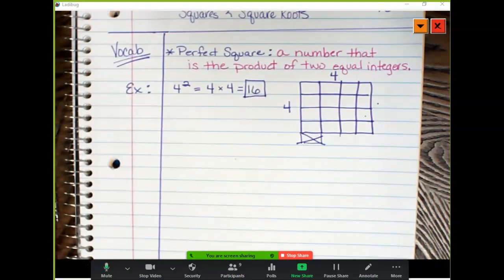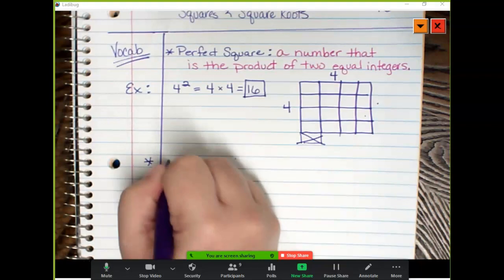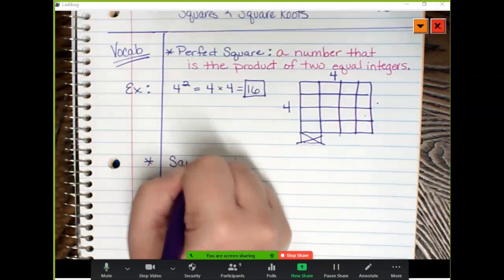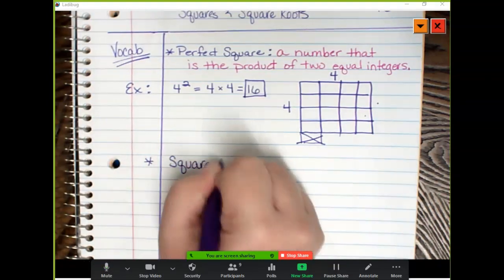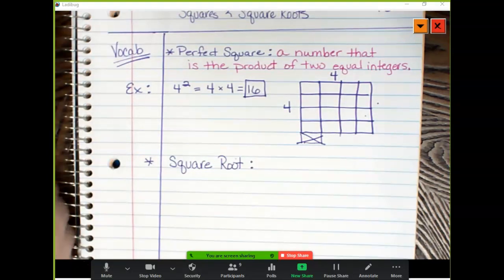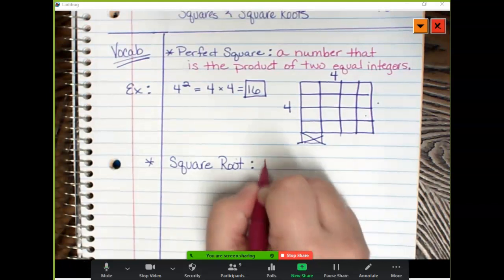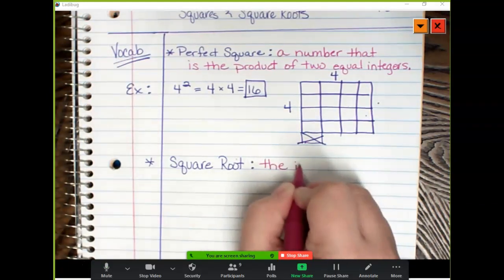Are y'all ready for the next vocabulary word? The next vocabulary word is called a square root. A square root is the inverse.